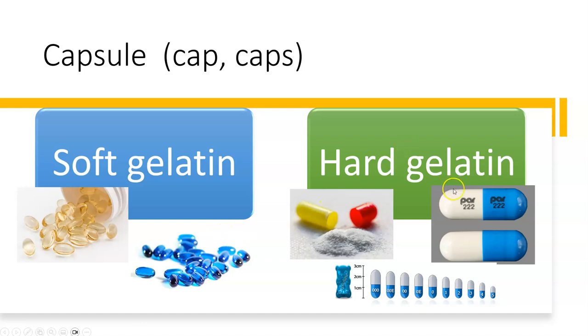The other is a hard gelatin capsule. Generally these are going to have two parts. You're going to have a head and a body on the capsule, and it's going to contain the medication inside. It could be a liquid form. It's not going to be water-based because gelatin can dissolve in water, these hard shells, but it's often going to be a powder or some kind of pellet.